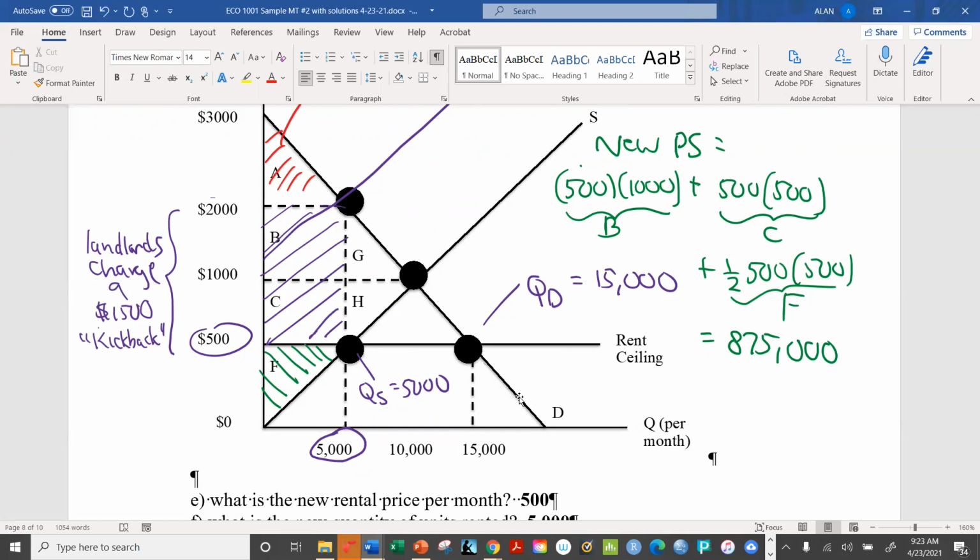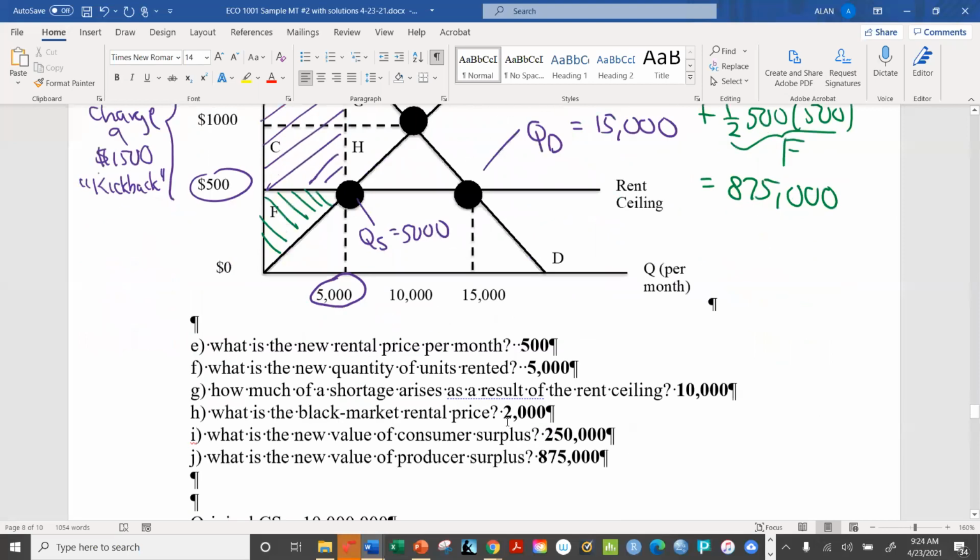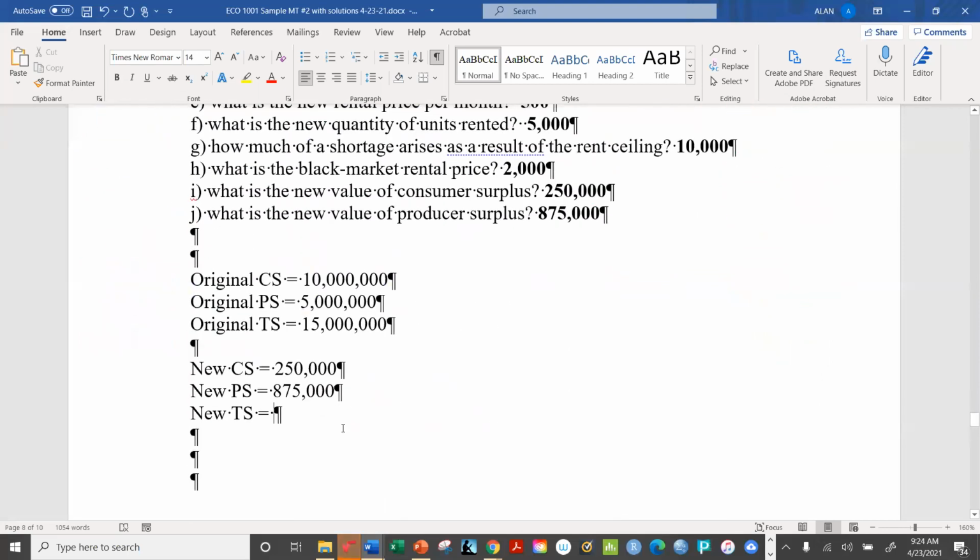No, that's it. So anyway, the bottom line is the difference between these two is $1,125,000.